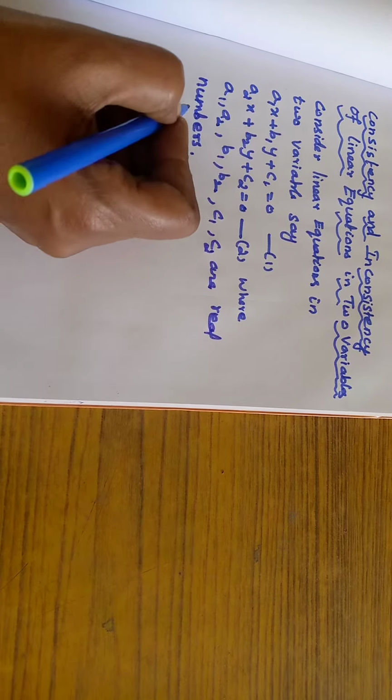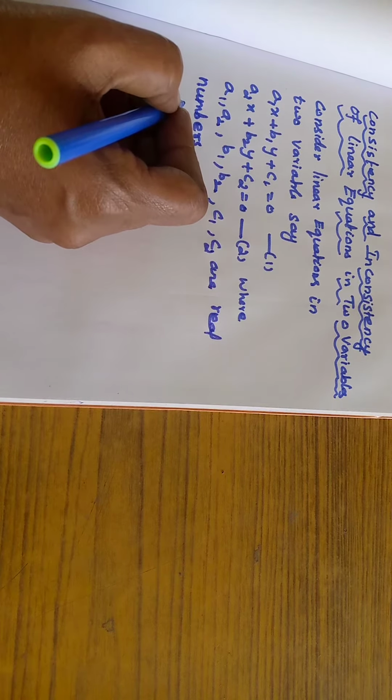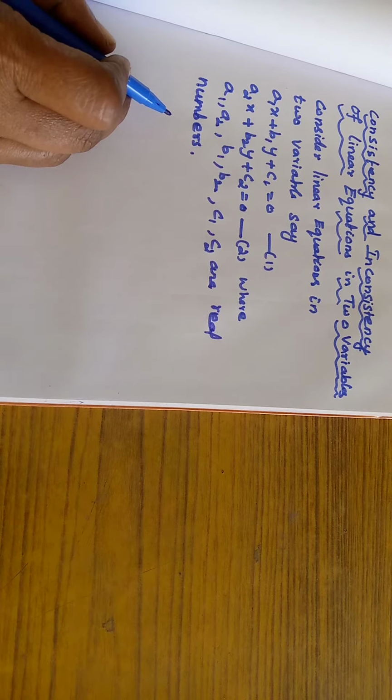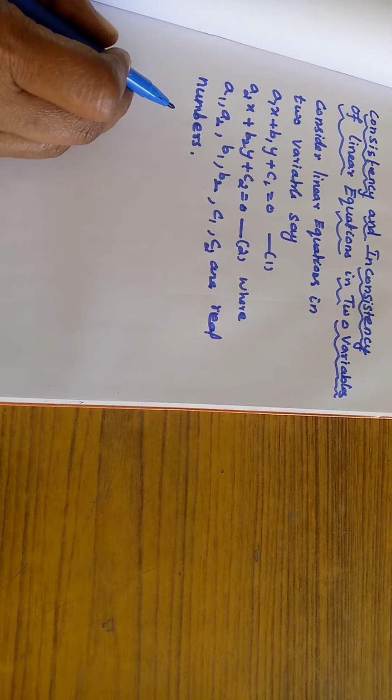So we are going to learn what is consistent and what is inconsistent. Consistent means it has two types of solution: the first one is unique solution, and the second is infinite number of solutions. Inconsistent means the given equation has no solution.